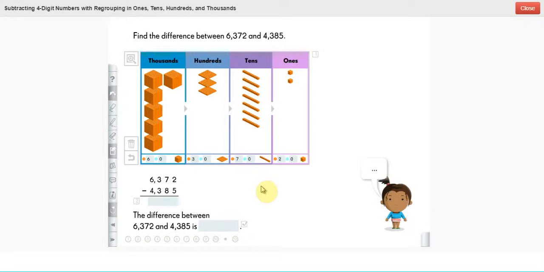Okay, now the student can see in order to subtract 5 from the ones column, we would need to regroup 110. So I'll click on one of the 10 rods, and when I'm ready, regroup it into the ones column. Now I have my 12 ones, and I can subtract 5 of them.